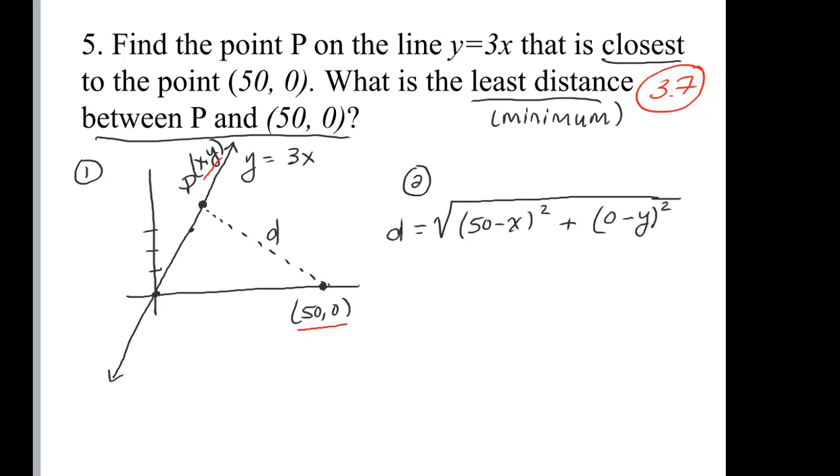I don't have to write 50 first because I'm squaring, but I'm choosing to. And then I have a second equation that I'm given up here, y is equal to 3x, which I could consider my constraint equation. This is the constraint.